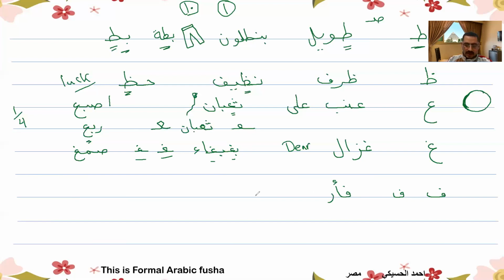In the middle, as in notebook, called daftar. In the end, as in summer season, called sayf. So fa is isolated, but joined before.